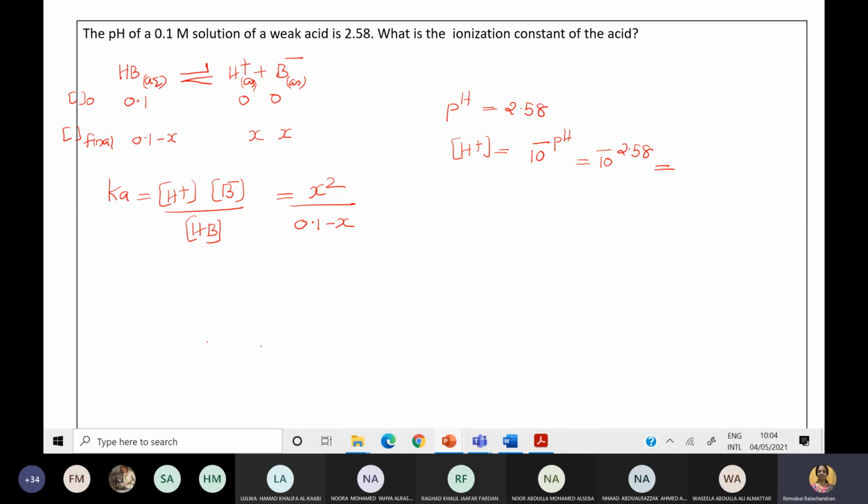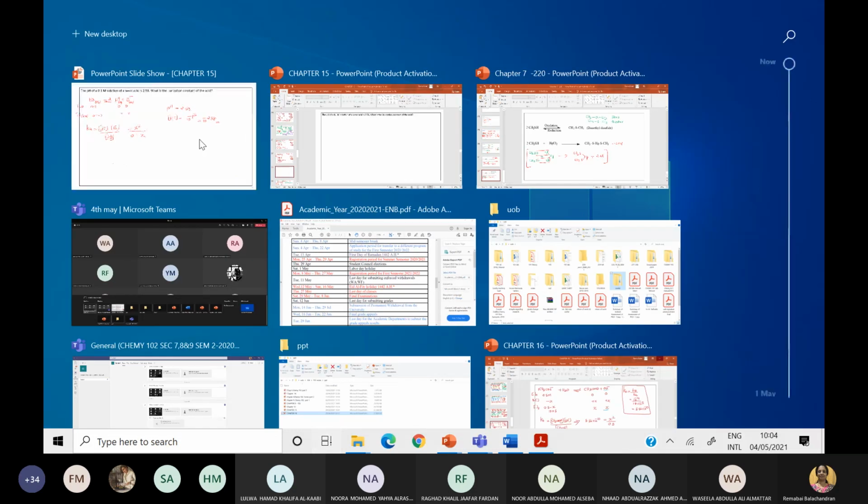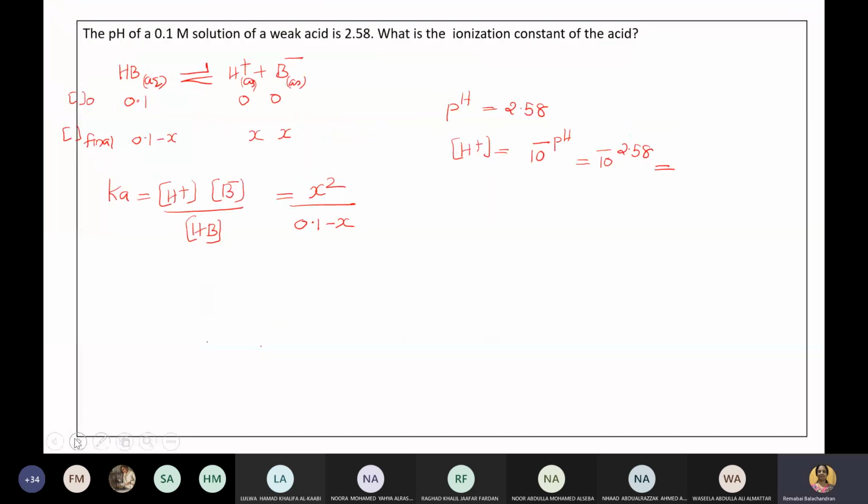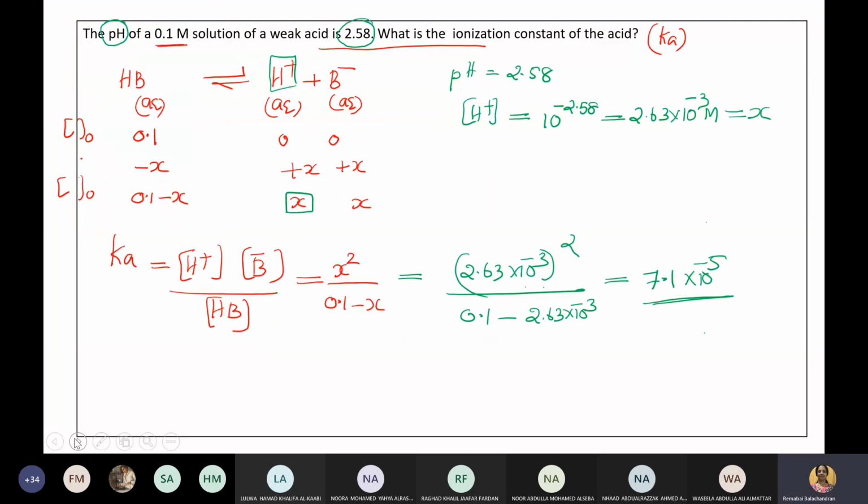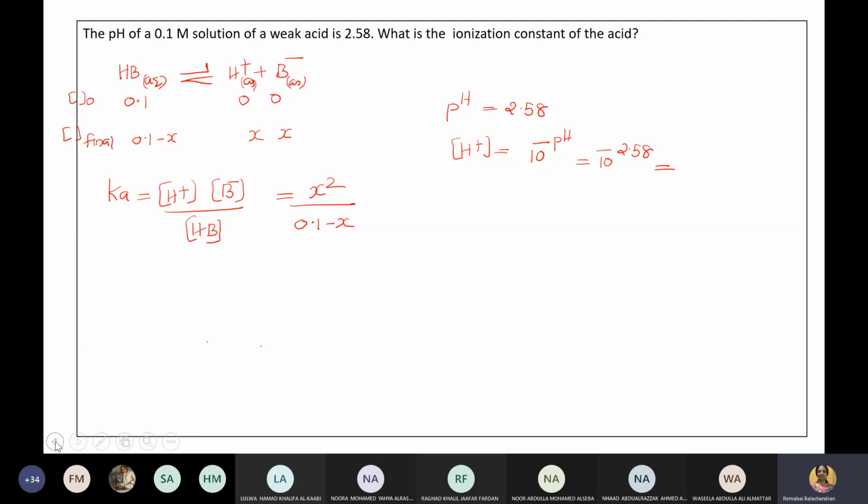Can you tell me the answer for this? It is 2.63 times 10 to the power minus 3 molar, which is equal to X.